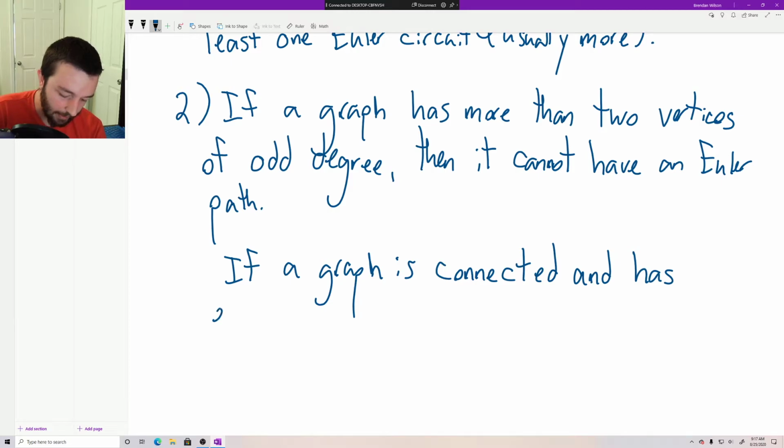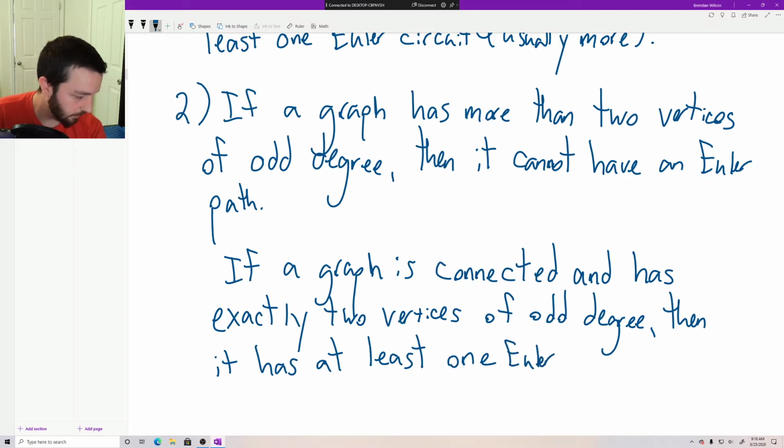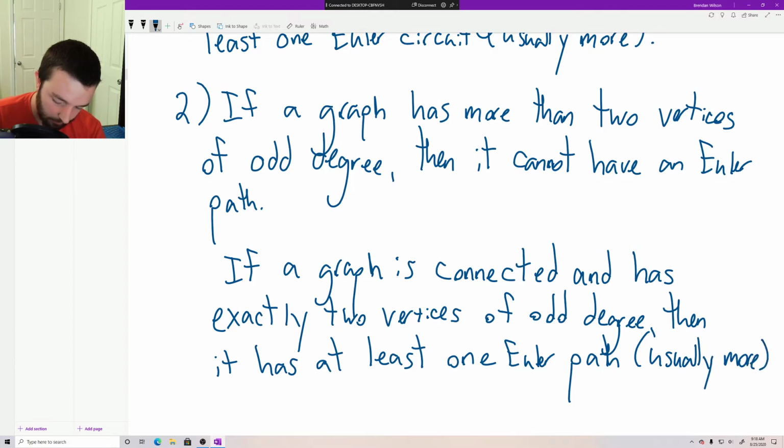And has exactly two vertices of odd degree, then it has at least one Euler path. Usually more.